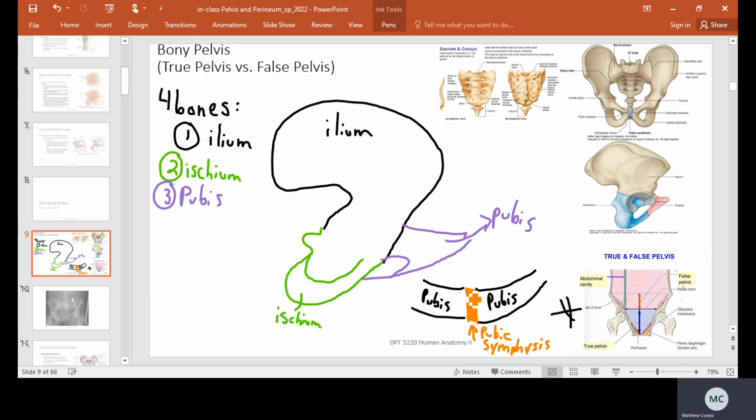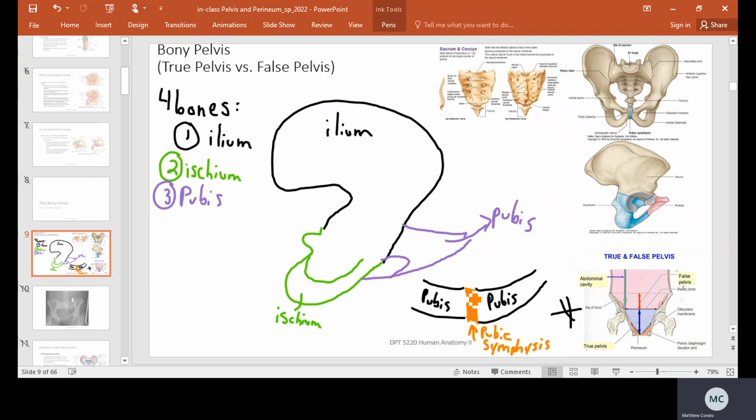So here's what happened. Let's think about this. The pubic symphysis keeps both of those pubis bones together. And this is where biomechanics comes in. She's hopping on one leg.